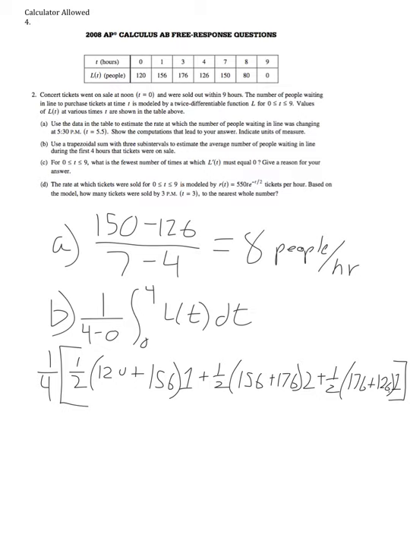And if the trapezoids are weird for you, just think about each of those trapezoids. If I were to draw the first one, here's one. It's going to have a height of 120 for the first edge, and then a height of 156 for the second.